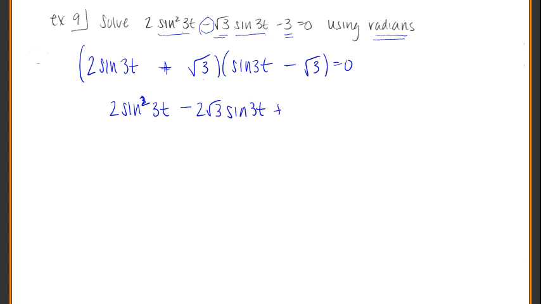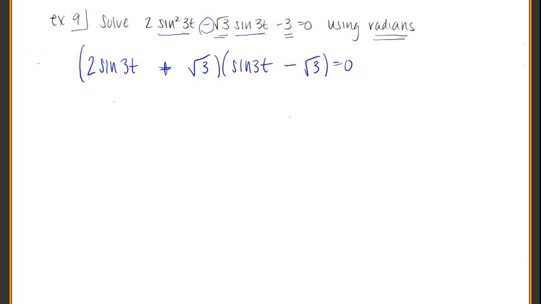Insides would be a positive square root of 3 sine 3t. And the backs is a positive times a negative, so it's a negative. Square root of 3 times the square root of 3 is 3. That one checks off, that checks off. If you have a negative 2 square roots of 3 and you add on 1, you only have a negative 1 square roots of 3. So it looks like those things check out and give us our middle term.